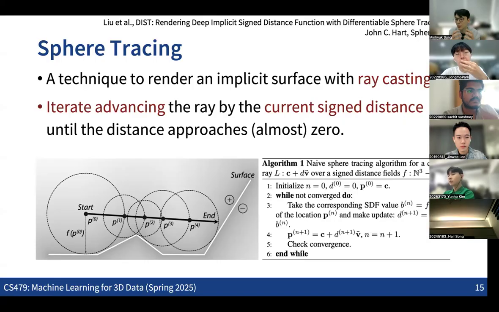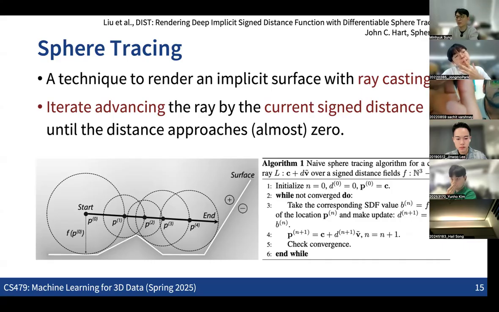Make sense? Because if there were any obstacle, any point inside this ball, then the closest distance to the surface would not be d but smaller than d, right? It would violate the meaning of the signed distance. So the signed distance gives us a local region where we can guarantee there's no obstacle inside this ball.